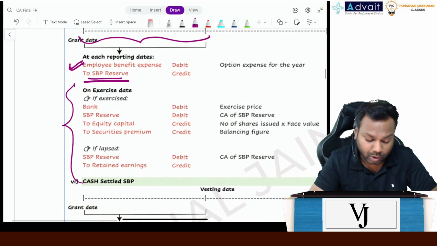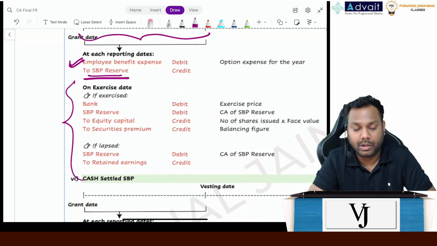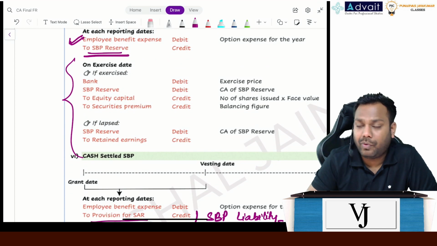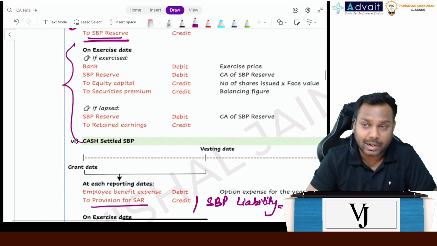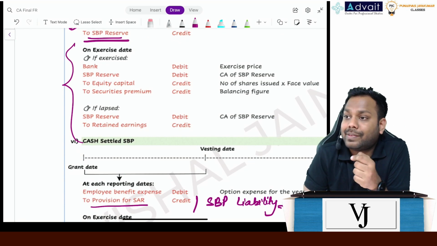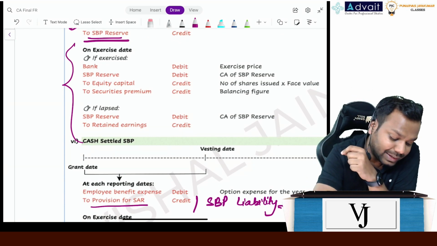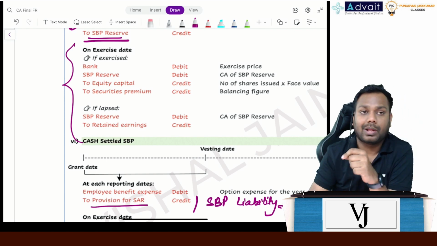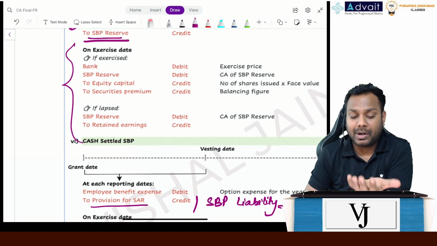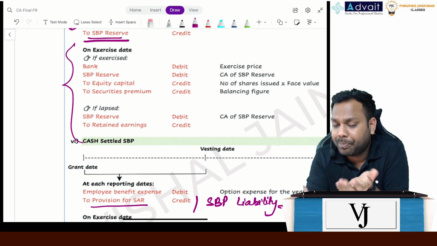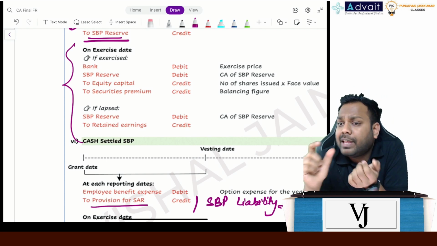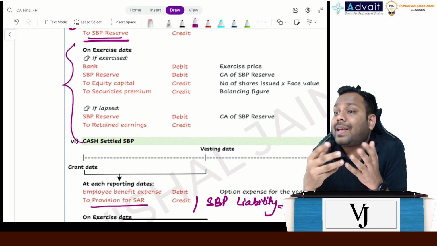Now, on exercise dates, see what happens when it's equity settled. The employees have to give the exercise price. Let's suppose Reliance says to the employees that at the end of the third year, I will give you shares of my company, but you have to give me a nominal price for that. That is called the exercise price.